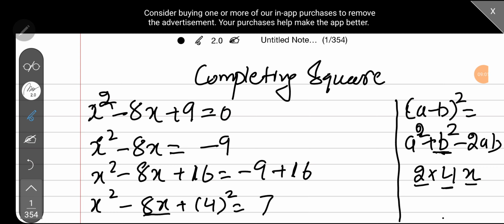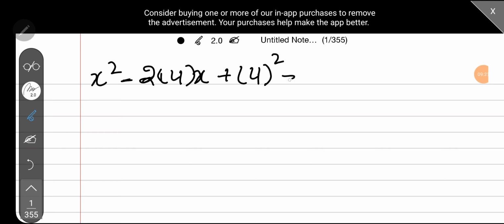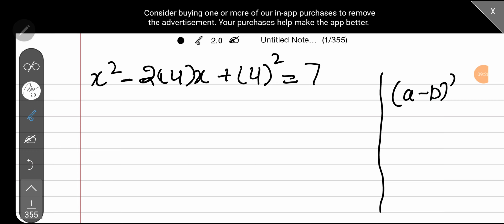If we rewrite this equation, look into this formula: a square plus b square minus 2 times a into b.